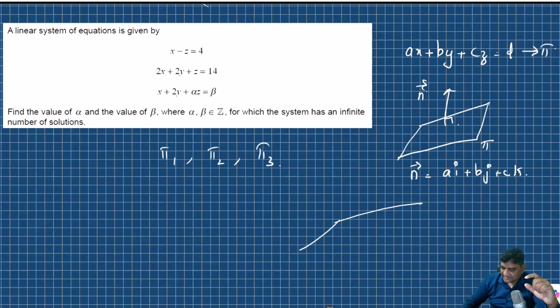If I take this as a plane and there is a line over here and there is a normal, if the vector is normal to the plane, it obviously will be normal to this line also. And therefore the line of intersection of the two planes will be perpendicular to the normals of the planes, n1 and n2.